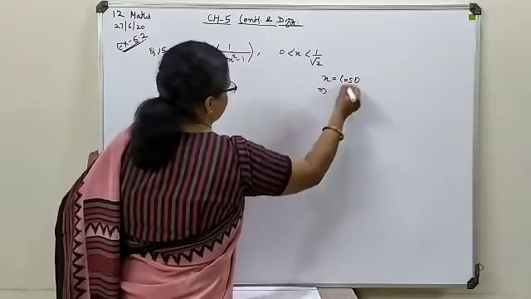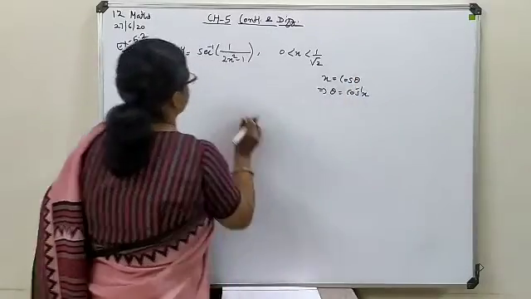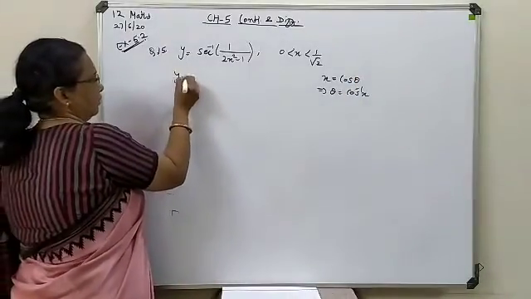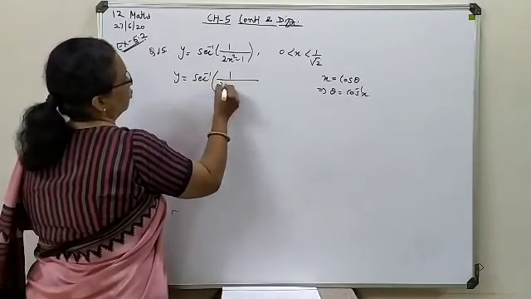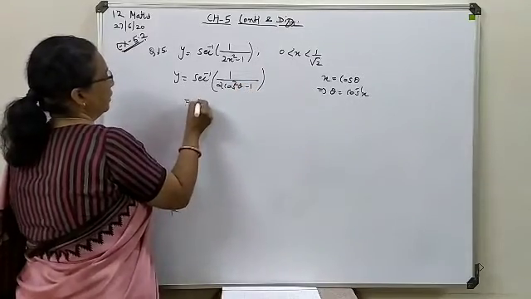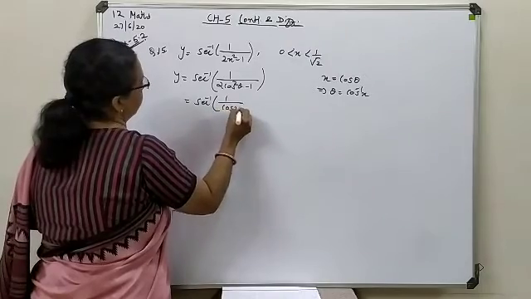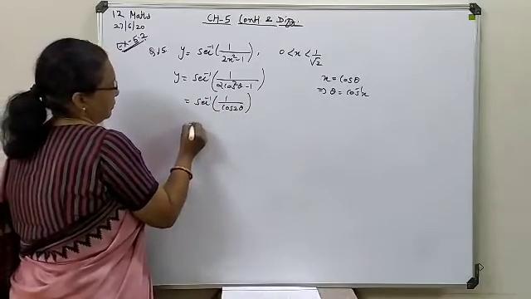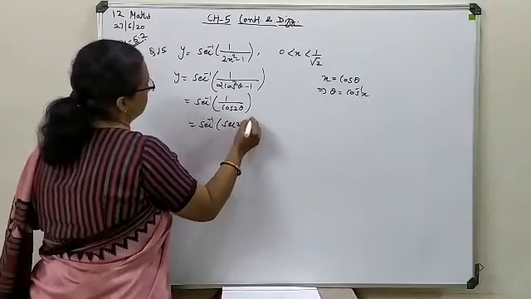Theta will be cos inverse of x. Go for substitution. 2 cos square theta minus 1. Everybody is clear about this formula. 1 upon cos 2 theta, and 1 upon cos is sec, so sec inverse sec 2 theta.